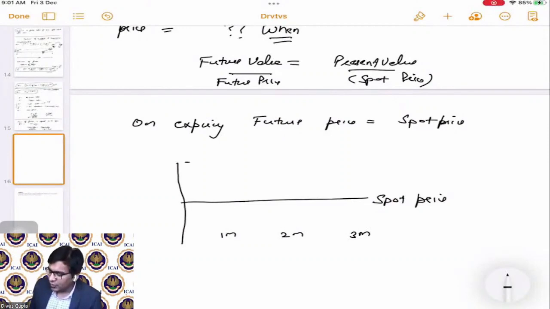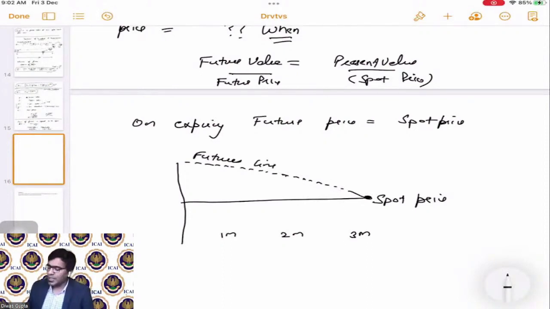So the future will look like this. The valuation of future will be like this. This is the futures line, correct? So the futures line will coincide with the spot line on expiry. This is expiry, for example.